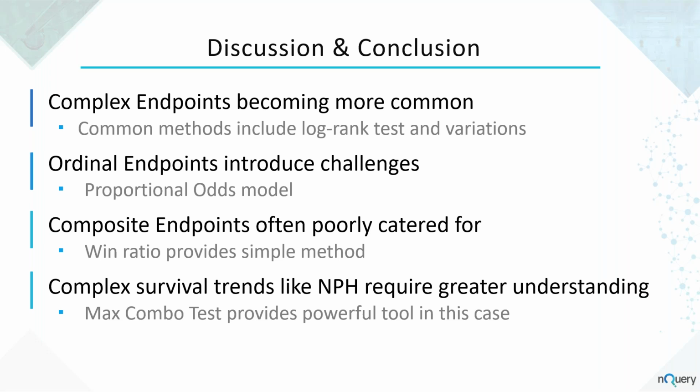A very powerful tool in the case where you're unsure about the non-proportional hazard pattern is the MaxCombo test. It's quite simple to implement. Hopefully we saw that there in nQuery. And indeed, it's becoming more common, I should say.